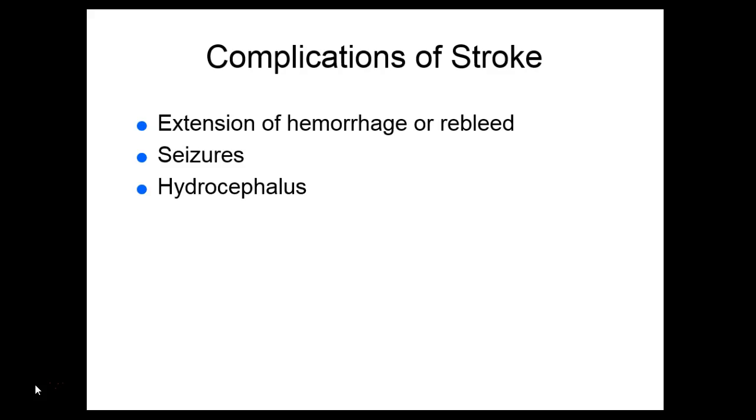The patient may be fine and stabilized, but we continue to check their neural assessment for the next 24 to 48 hours to establish whether or not they may experience an extension of their CVA. So all of a sudden they'll start having some further impairment of their neurological status.